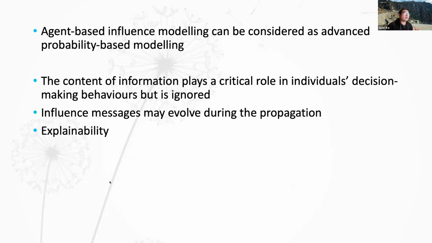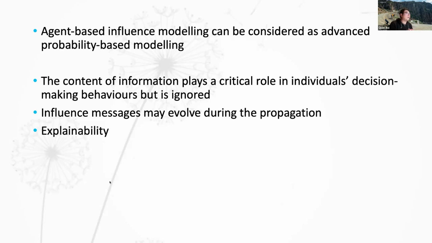Because we define agents, we define different behaviors for agents for accepting or rejecting a type of message. But all these behaviors, all these reasoning rules, are also based on probability, which is a kind of numerical value.